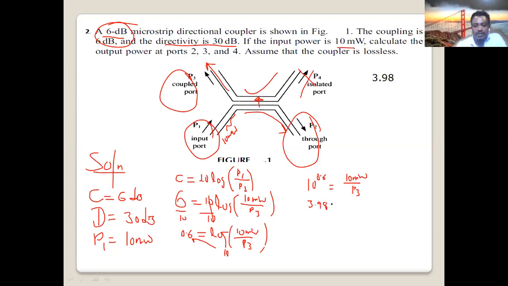Okay, 3.98 equals 10 milliwatt divided by P3. So what will be P3? P3 will be 10 milliwatt divided by 3.98. Okay, that's our power here. 10 divided by 3.98, how much is this?